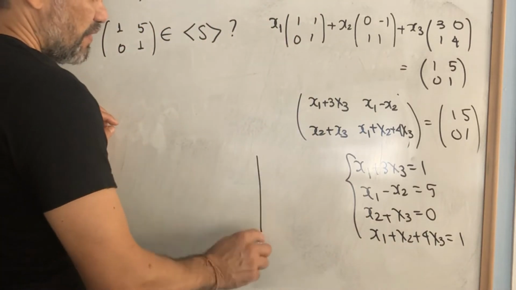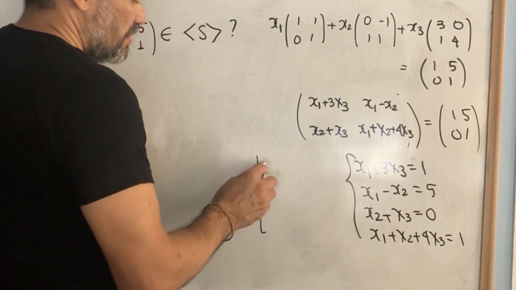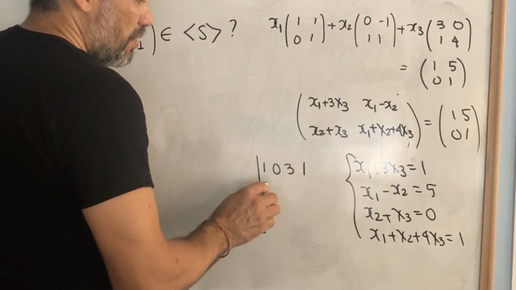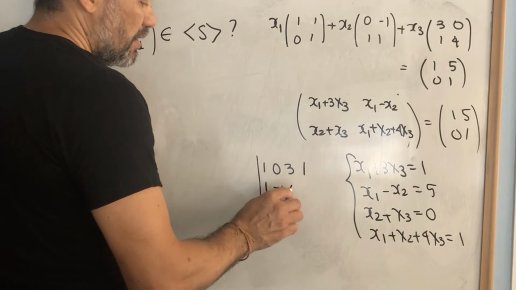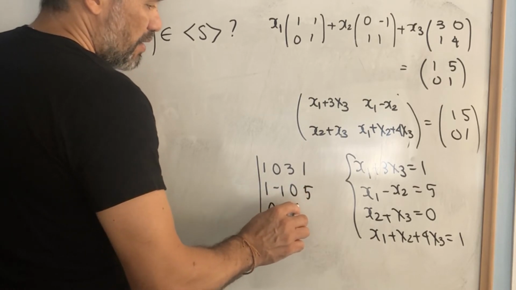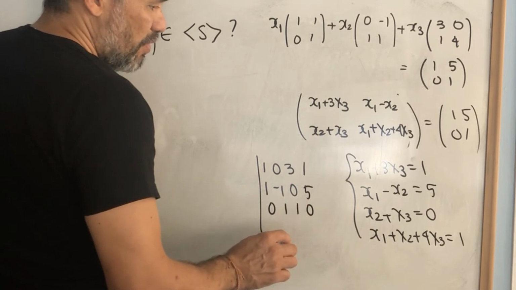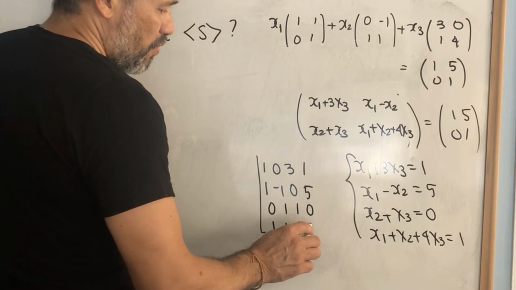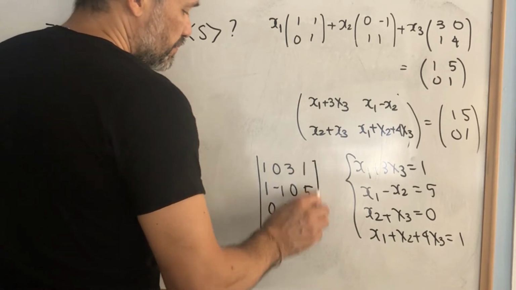The augmented matrix for this system is 1, 0, 3, 1, 1, negative 1, 0, 5, 0, 1, 1, 0, and 1, 1, 4, 1.